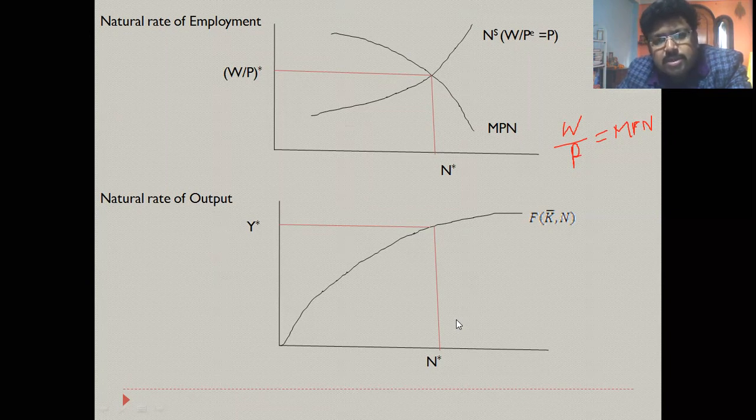Classical economists said that in the short run there is no effect of monetary expansion on real variables such as employment or output. In the short run as well as in the long run, there is no trade-off. There is no relationship.